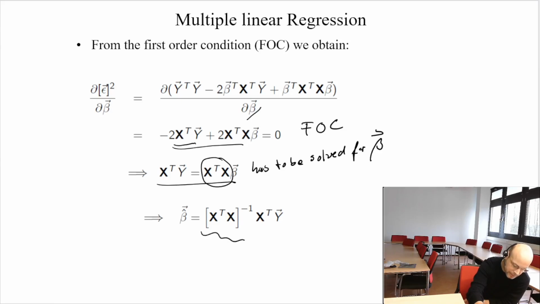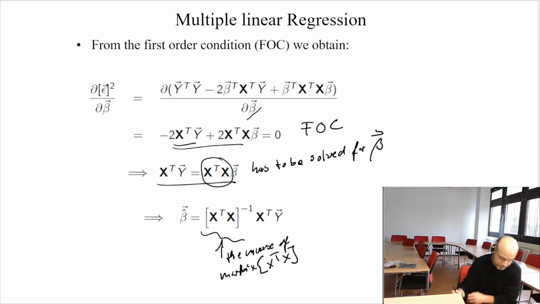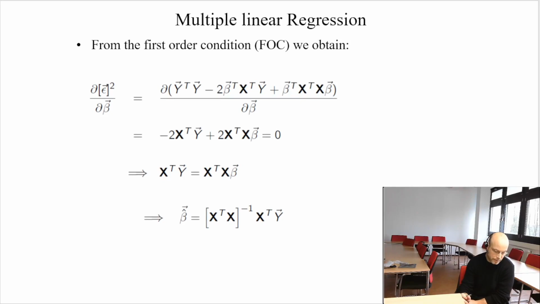So this is the inverse of matrix X^T X. Oops, this I have 2 times here.